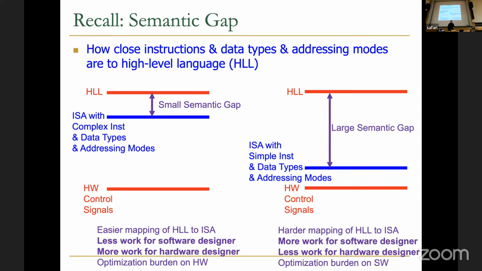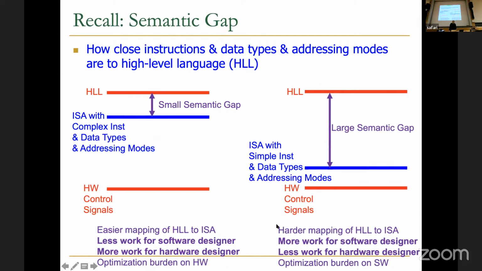So also recall the semantic gap: how close instructions, data types, and addressing modes are to the high-level language. This is the HLL, which can be your C++ programming, and this is the ISA that you have. If the ISA is really close to the hardware control signals, you have a large semantic gap.